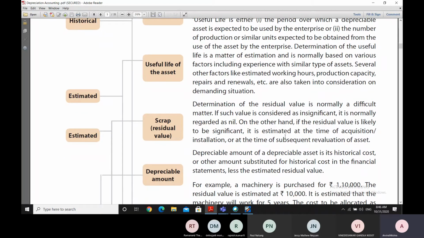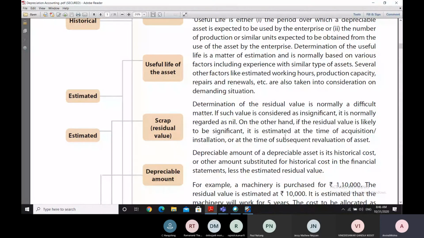So finally, after having understood the three factors, the depreciable amount of a depreciable asset is its historical cost, or any other amount which is substituted instead of historical cost if there was no cost, and from that we reduce the estimated residual value.